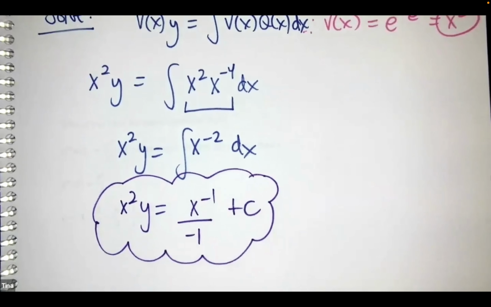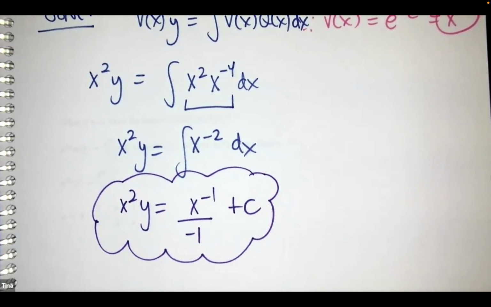If you forget your c, you're going to be in big trouble, okay? Because in this case, when we divide by our x squared on the left, which was our v of x, it's not going to be just a constant, because think about this.